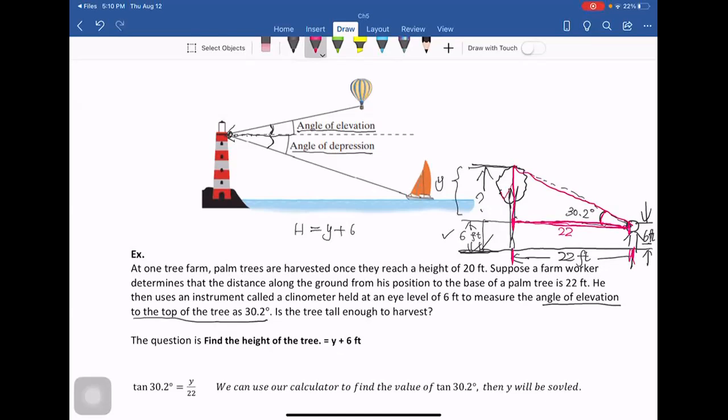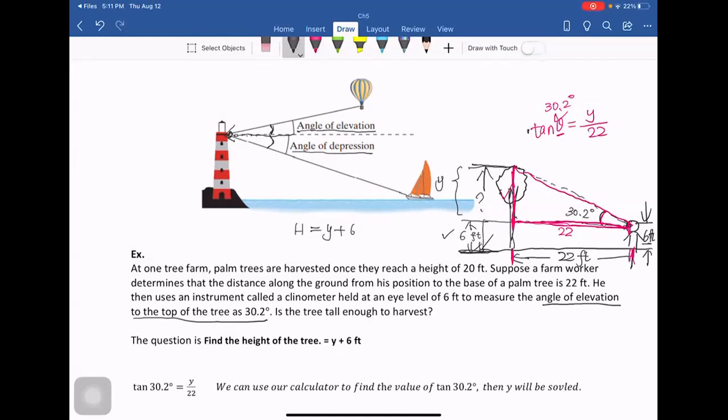That's easy to find the y, because we have learned that tangent theta equals opposite, the y, over adjacent, which is 22. So the theta is 30.2 degrees. We use our calculator to find the tangent of 30.2 degrees, and we isolate the y.